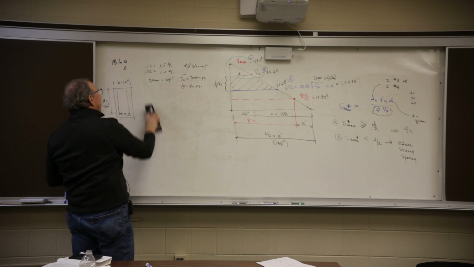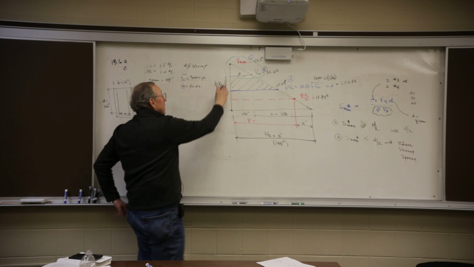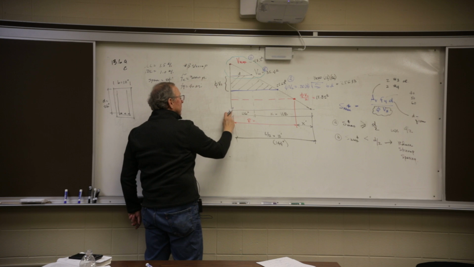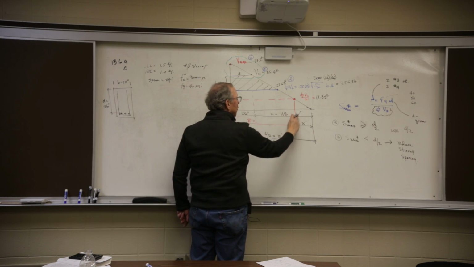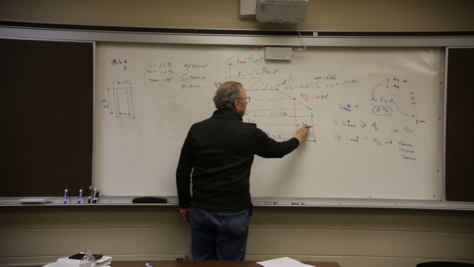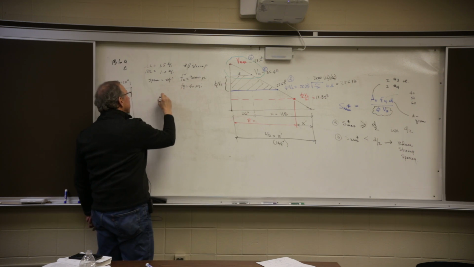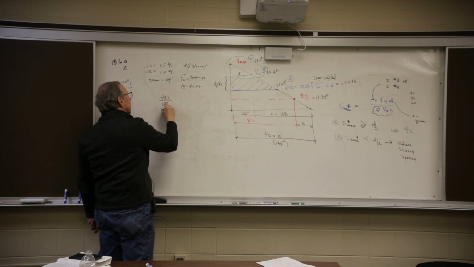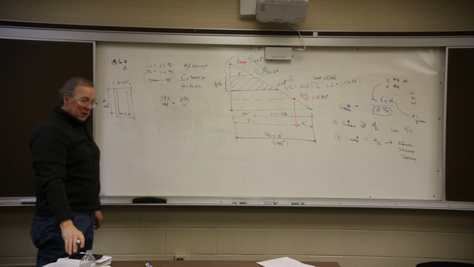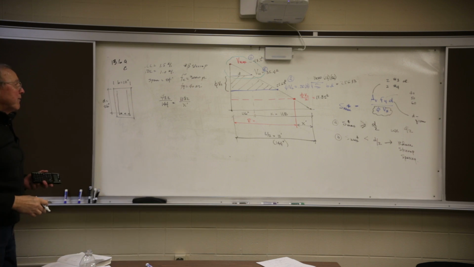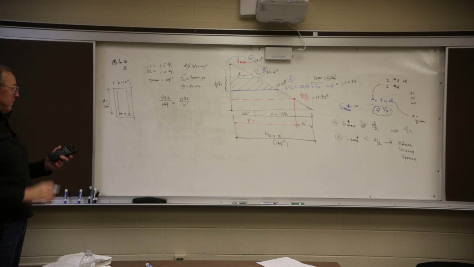Similar triangles once again: 43.2 is to 144 as 12.82 is to X prime. So if we multiply those, you get X prime. If you subtract X prime from 144, you get where we're going to put them.